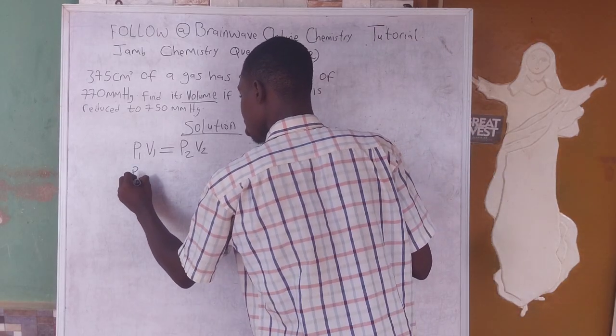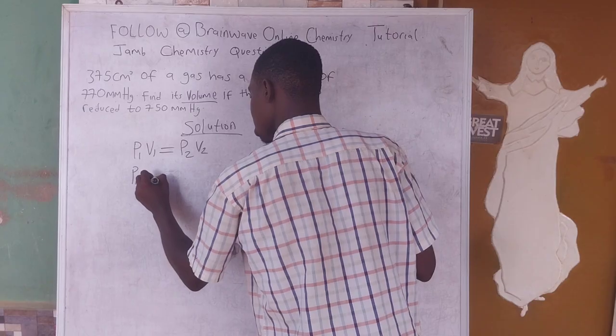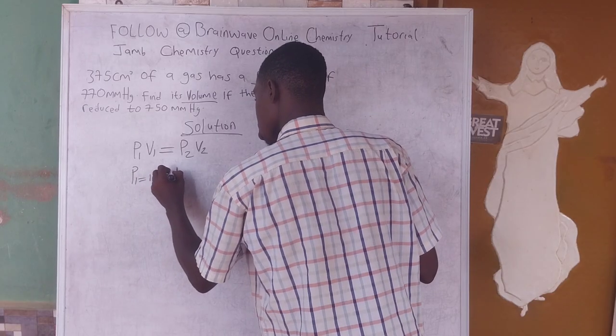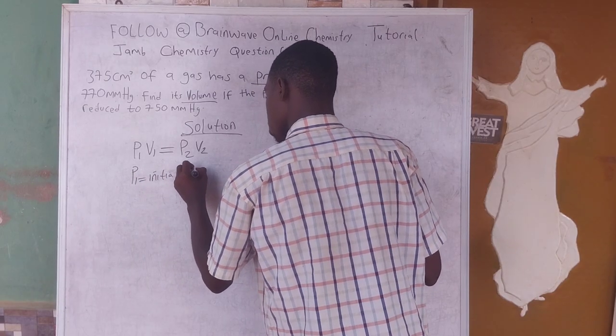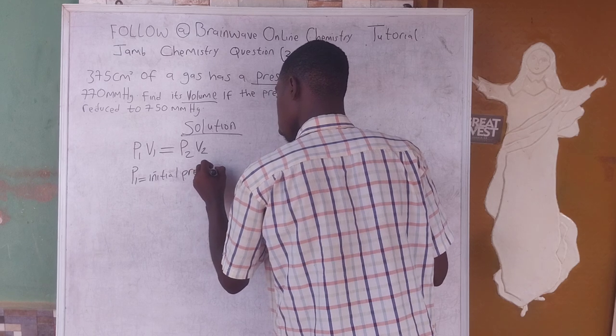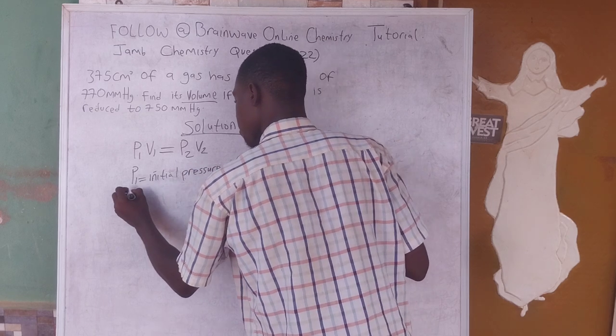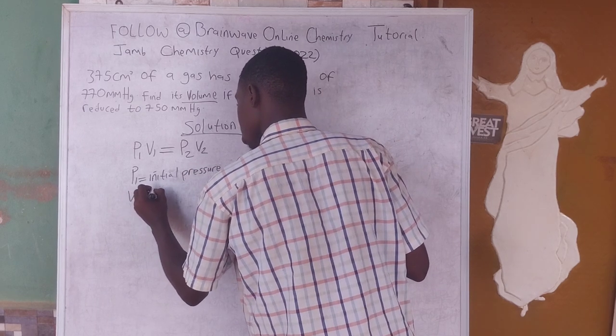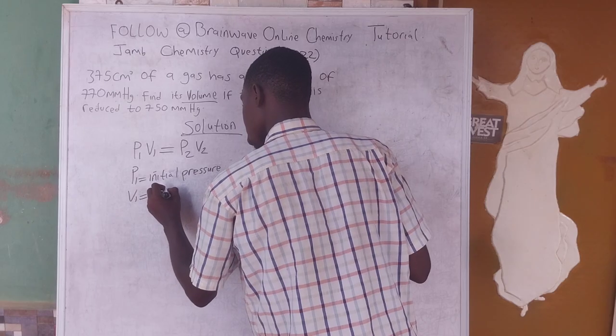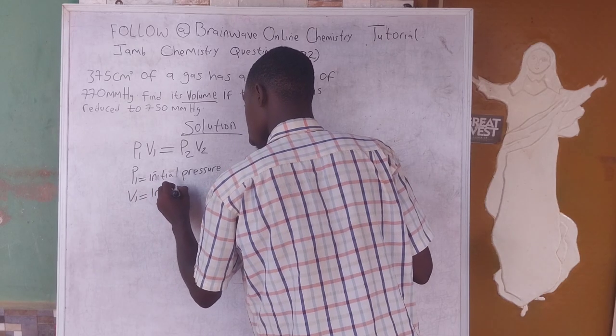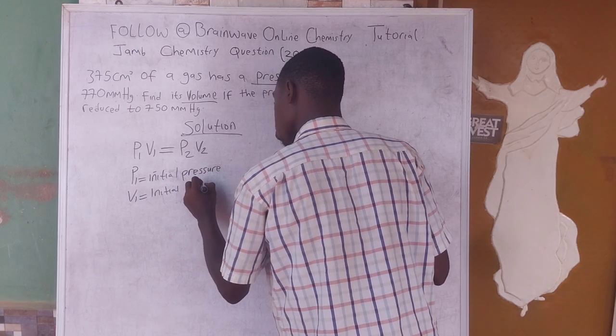P1 is the initial pressure. V1 is the initial volume.